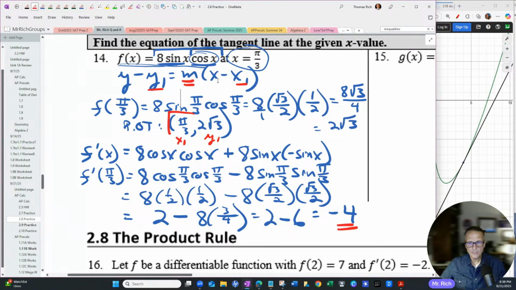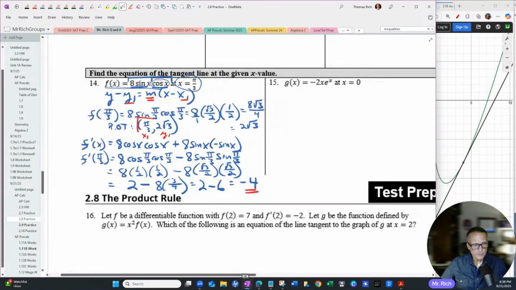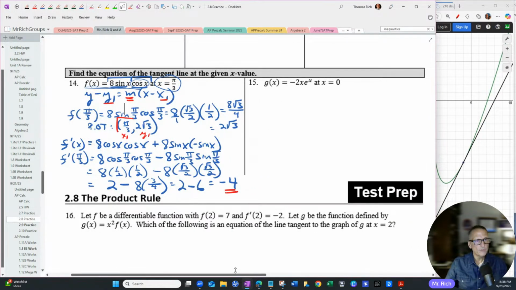Let's go ahead and come up with the equation by plugging those values into the point slope form of the equation. So this should be our tangent line equation. y minus 2 root 3 is equal to negative 4 times x minus pi over 3.